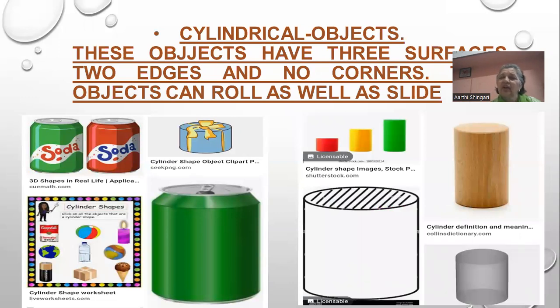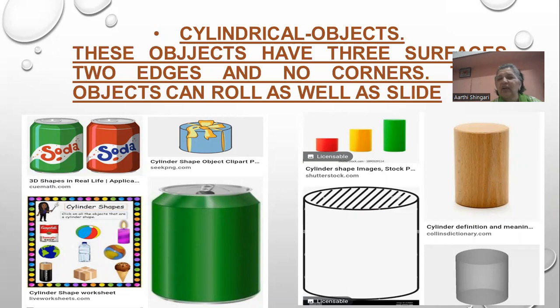Next is cylindrical objects. Now these objects, as you can see in the picture, they have 3 surfaces, 2 edges and no corners. These objects can roll as well as slide. With curved surface, they can roll, and with plane surfaces, they can slide.